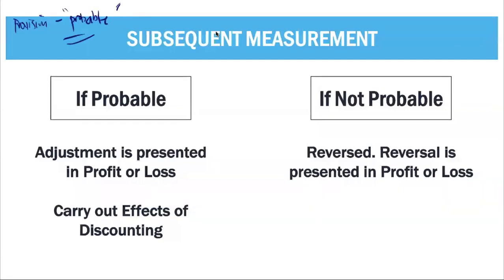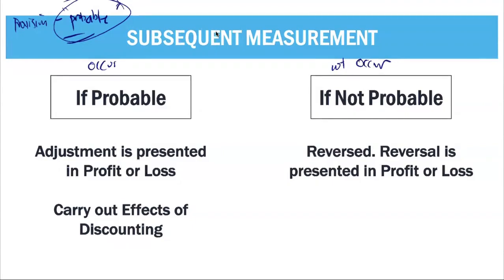In your subsequent measurement, we look at whether it will still occur or it will not occur anymore. In the initial measurement, we only need to look at whether it is probable or not. When we say it is probable, it is more likely than not to occur. If we can say that it is more likely to occur, then it is still probable. If not, it is no longer probable.